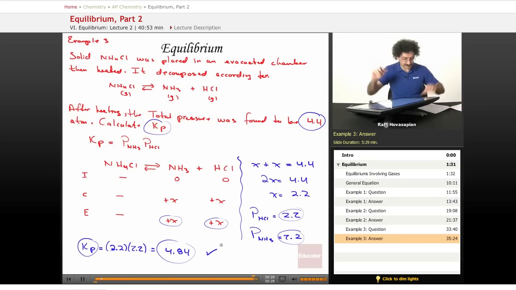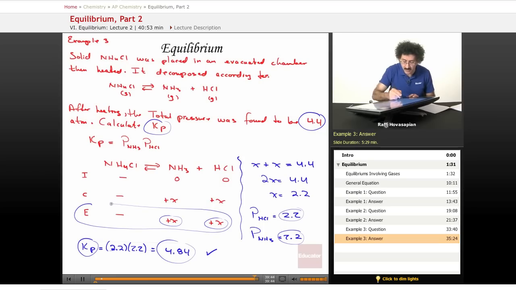We're done. That's it. So they gave us a certain amount of information. They gave us an equation to work with. We wrote down the Kp expression. We wrote down the equation. We wrote an ice chart, initial, change, equilibrium. Ultimately, it's the equilibrium that we're concerned with because the system has come to equilibrium. We followed it. We get X and X. They tell us that the total pressure is 4.4.